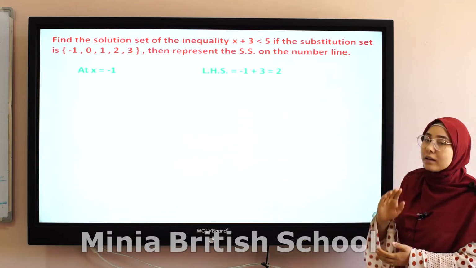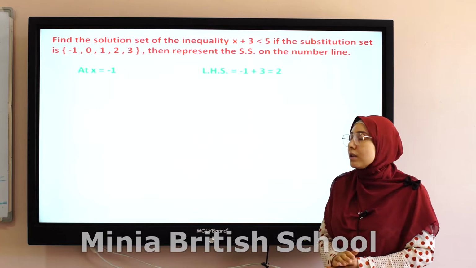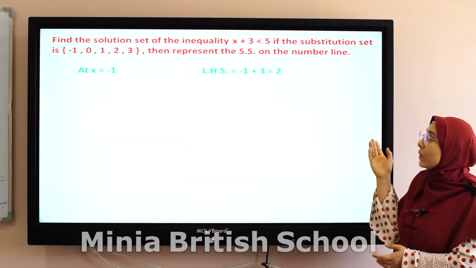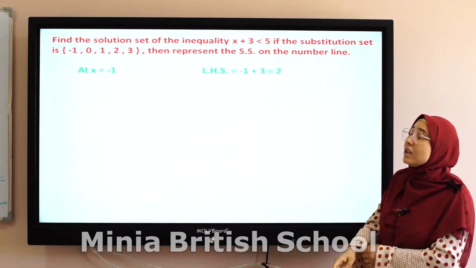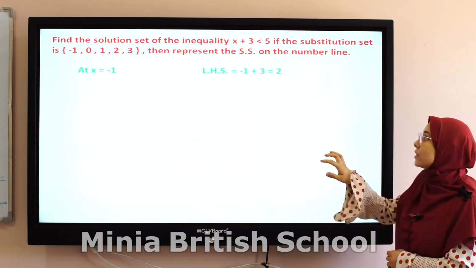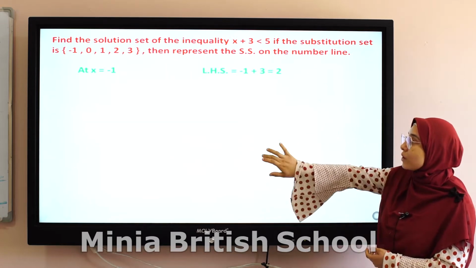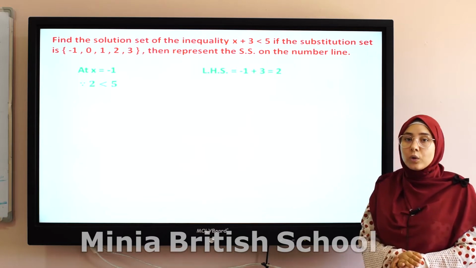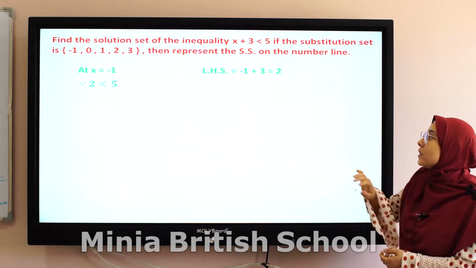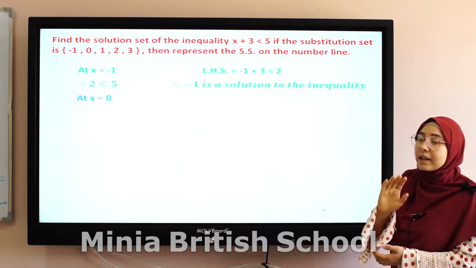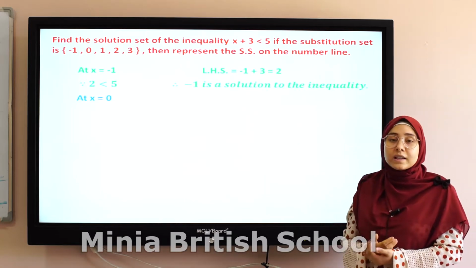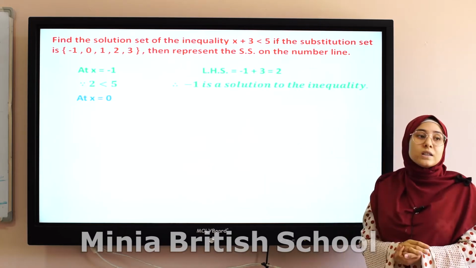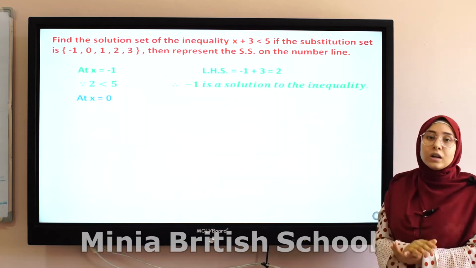Like when x equals -1, the left hand side equals what? -1 plus 3 equals 2. So 2 less than 5 is a true inequality. So I can say -1 is a solution to the inequality.